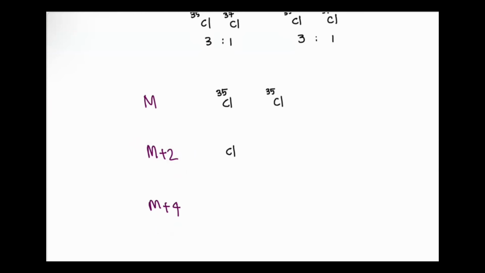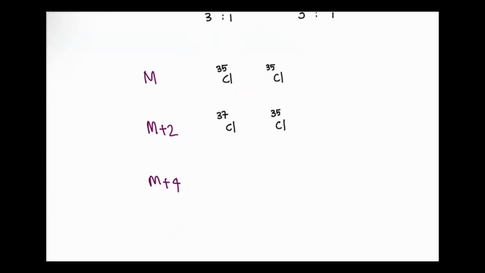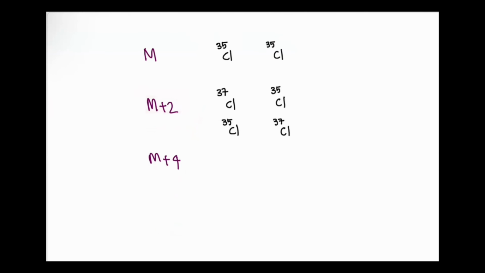Either the first chlorine is in the 37 form and the second is in the 35 form. Here you'll get M plus 2 because from here to here a plus 2 increase. Okay, and there is one more probability. The first chlorine can be chlorine 35, but if the second chlorine is in the chlorine 37 form, here also you'll get the M plus 2 peak. Now for the M plus 4 peak, both chlorines should be in the chlorine 37 form.